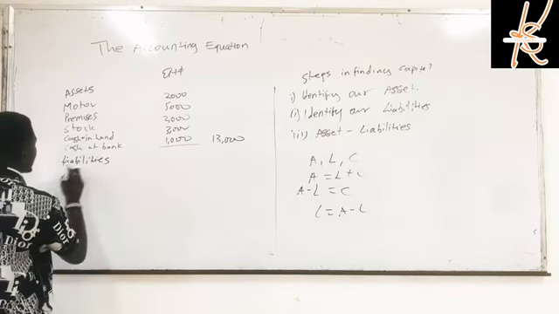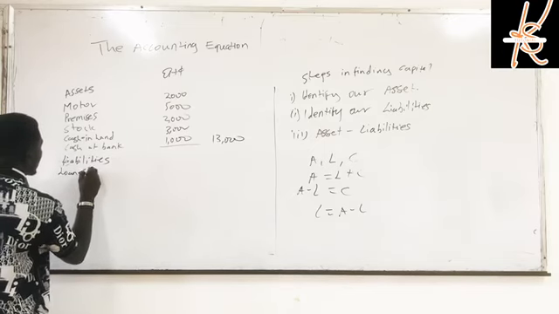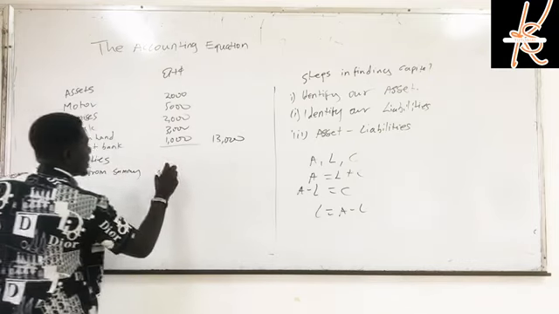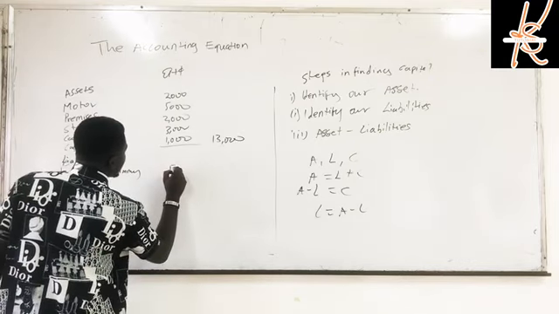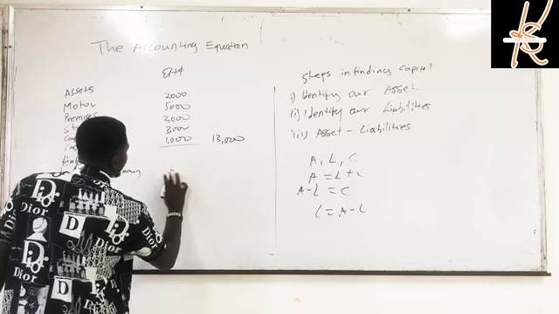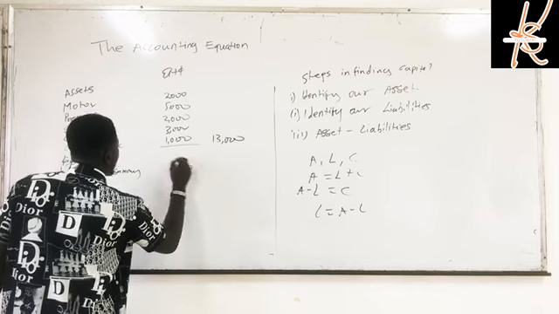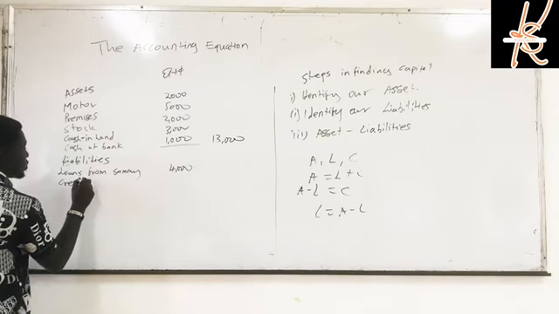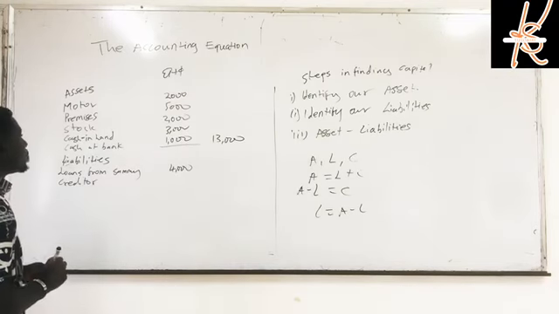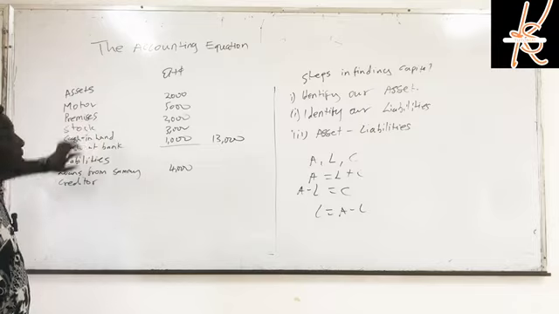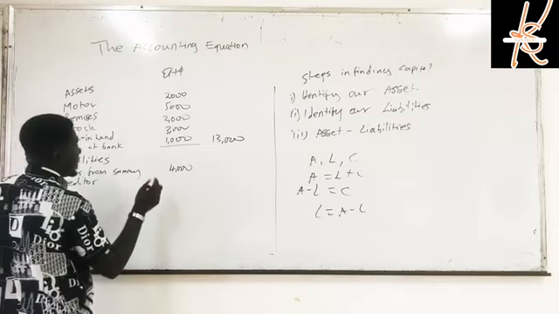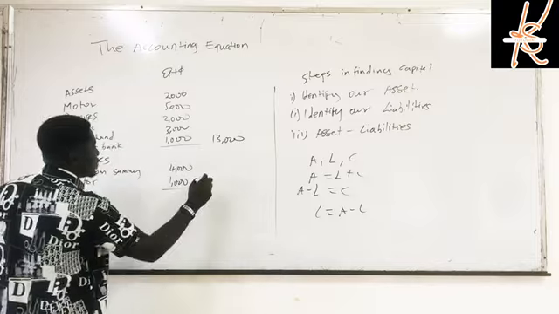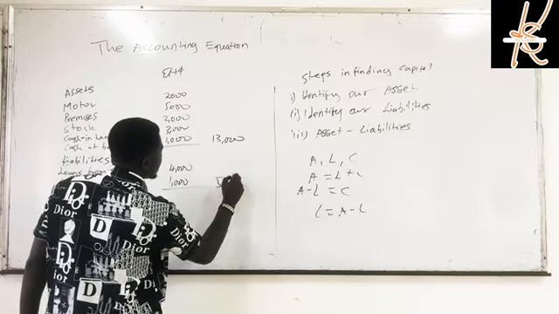Liabilities: loans from Sami, that is 4,000. And then we have creditors, because he was owing 1,000 worth of stock. He didn't pay his suppliers 1,000 Ghana cedis. So the total will be 5,000 Ghana cedis.